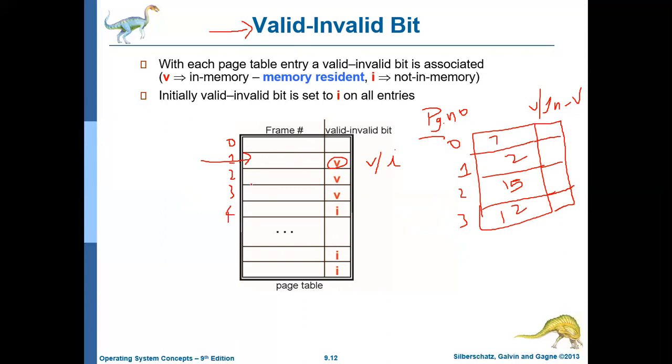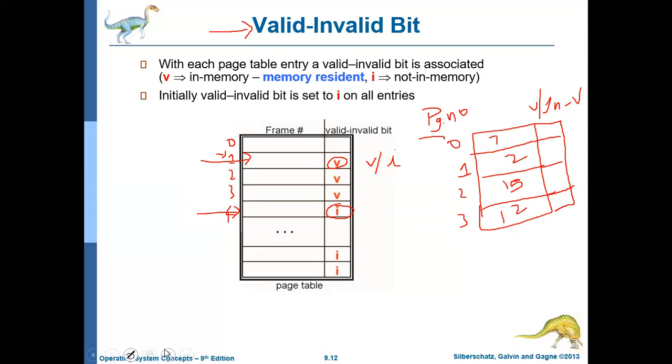If the bit is V, it means the frame corresponding to that particular page is available in the physical memory. If it is I, it means the frame corresponding to that page is not available in the physical memory.